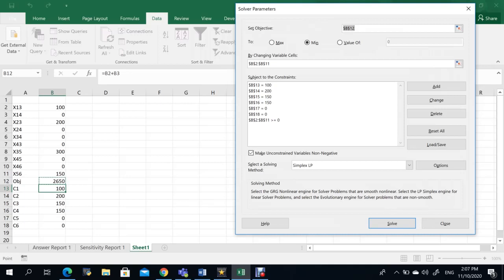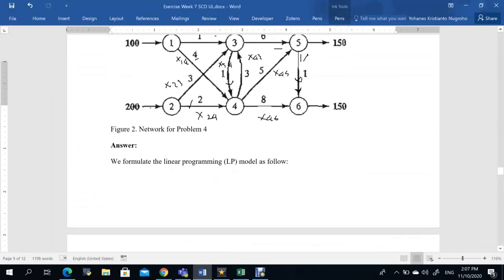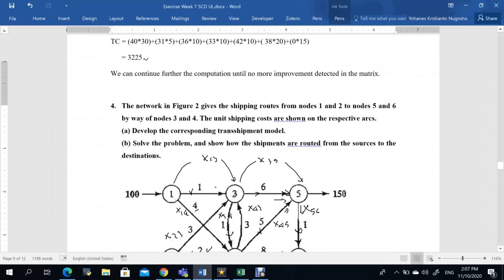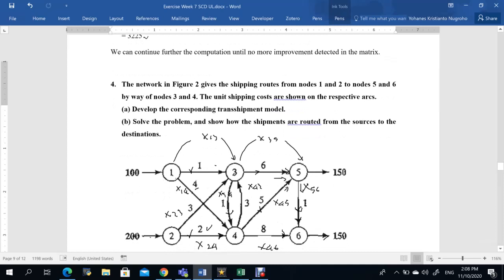The objective is to minimize the cost of transportation, so it is a minimization problem, right? B12 is the objective function, and the objective is to minimize the total cost of transportation by changing all variables x13 to x56. These are called the flow variables, for example x13 from 1 to 3, x35 from 3 to 5, and so on.